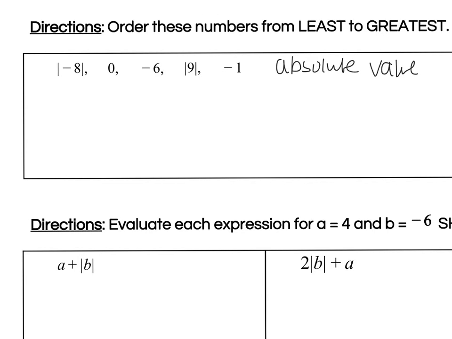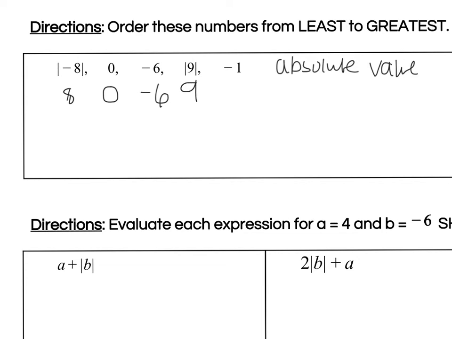So if I am standing on -8, I am 8 steps away from 0. So I'm going to convert that to 8. Then the next one is 0, -6. If I'm standing on 9, how far am I from 0?